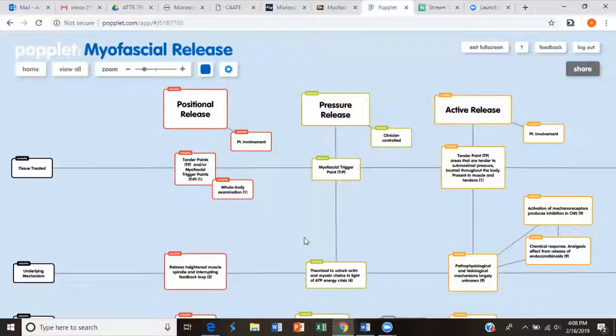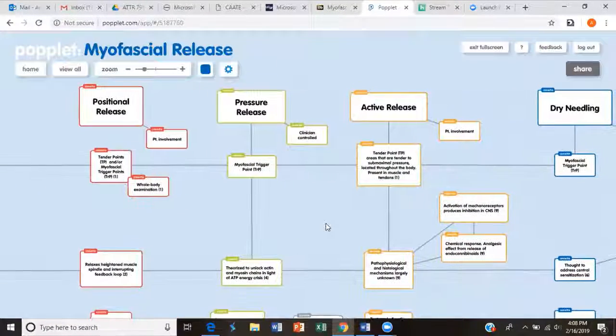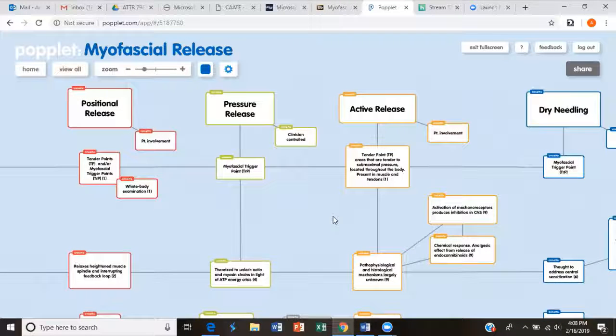Looking at pressure release, this tissue treated will focus mostly on myofascial trigger points. Active release will focus on tender points, which are areas that are tender to submaximal pressure applied by the clinician. These tender points are located throughout the body and are present in muscle and tendons.